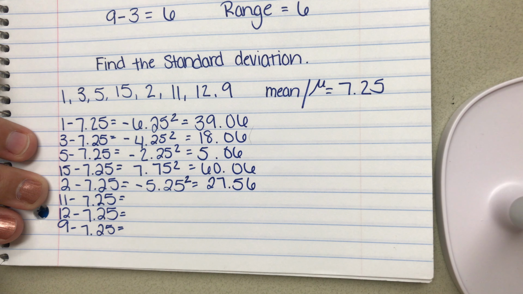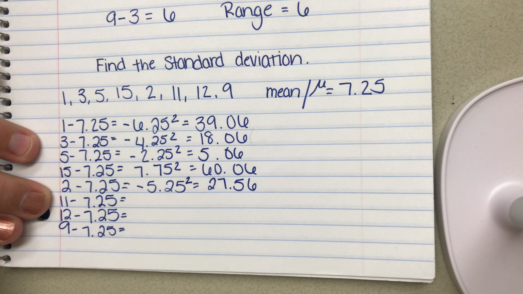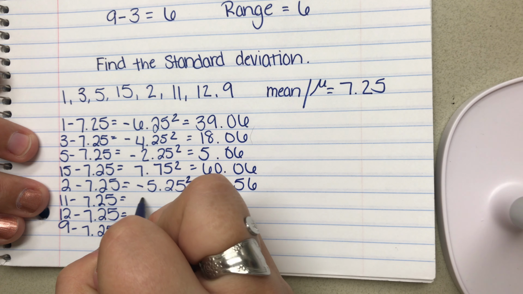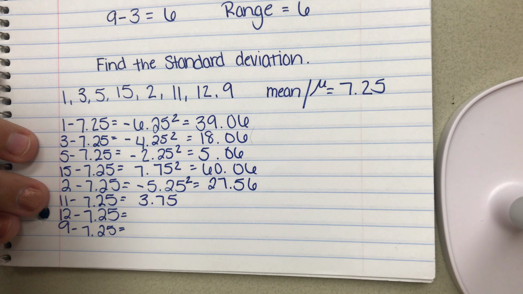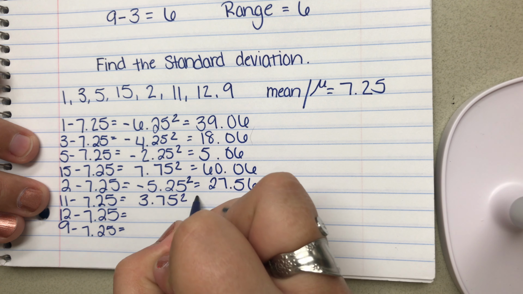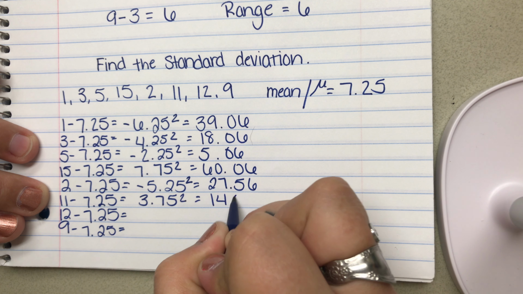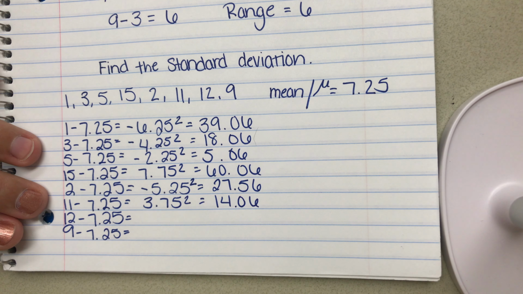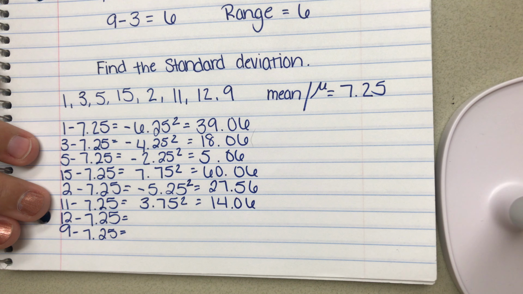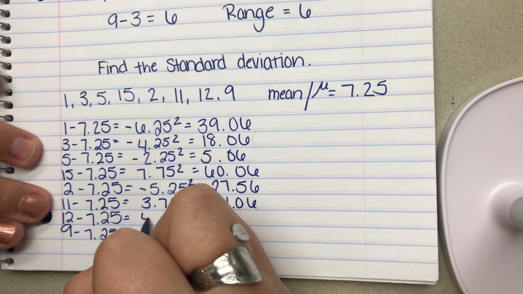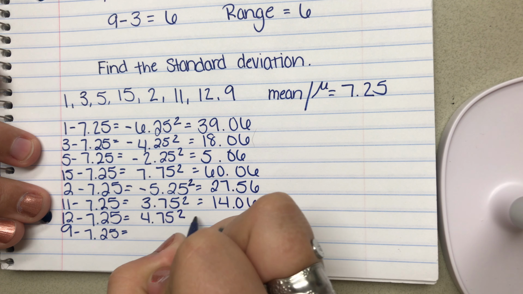We have 11 minus 7.25. You get 3.75. Going to square that: 14.06. Then 12 minus 7.25 is 4.75, squared.